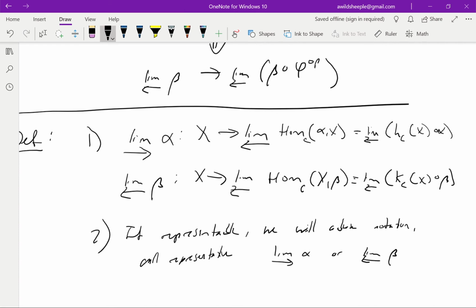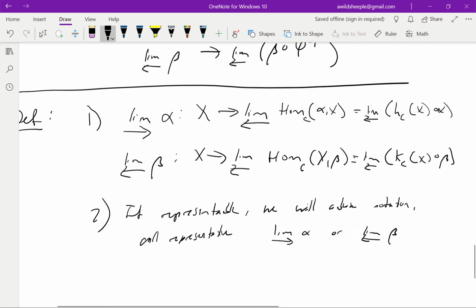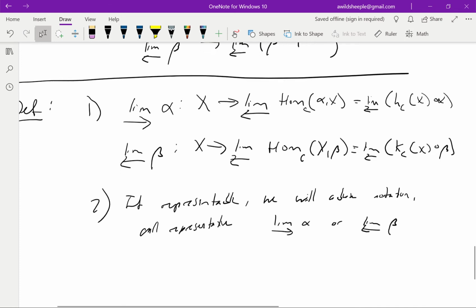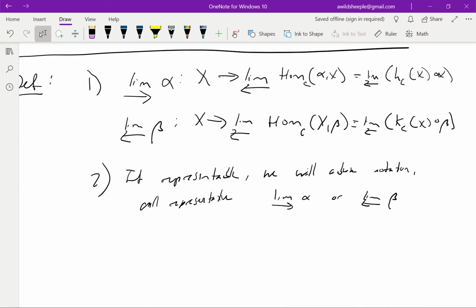Basically this just means that we can find an actual object in C that corresponds to the object in the presheaf category defined above. It's important that we think about this because we can pretty much always do this in the presheaf category, but these functors don't have to actually be representable. You don't have to actually be able to construct these things in whatever the category is beyond Set.